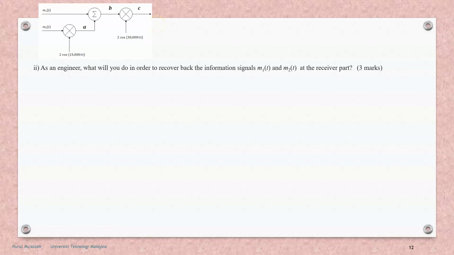So for this, the modulated signal needs to be demodulated with 2 cosine 3000 pi t. And second, after you demodulate the signal, because this is the multiplex of M1 and M2, there must be another process which is demultiplexing. To recover M1 and M2 as individual signals, we need to use a demultiplexer to separate the modulated signals M1t and M2t.